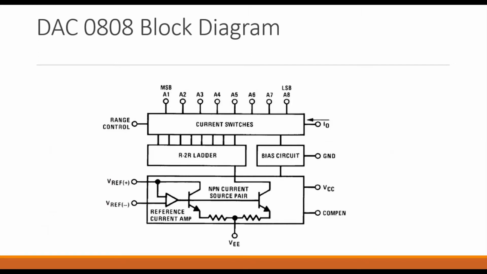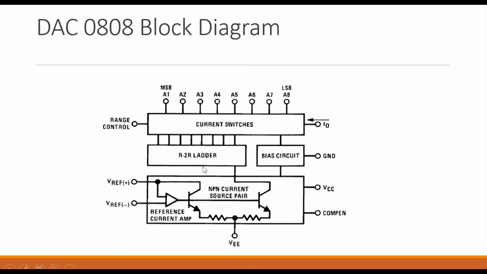Now this is the block diagram for the DAC. It is similar to what we described while describing the ADC. ADC also has a DAC in it. So here you have V reference input, V reference minus, VCC and compensation. This is your compensation circuitry. Here you get your 8-bit digital input from the microcontroller.